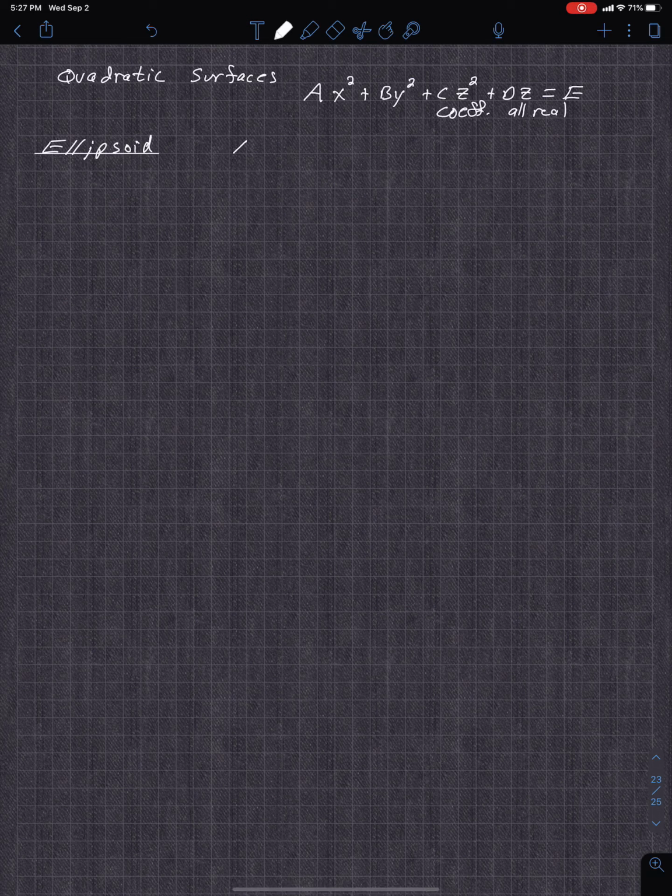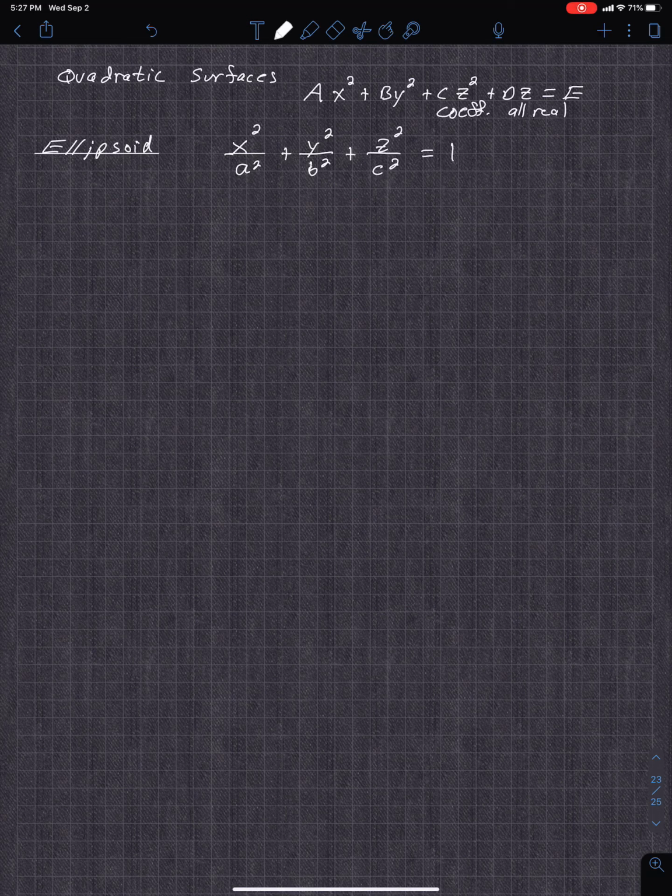That's where you have all the coefficients positive. So x squared over a squared plus y squared over b squared plus z squared over c squared equal to 1.